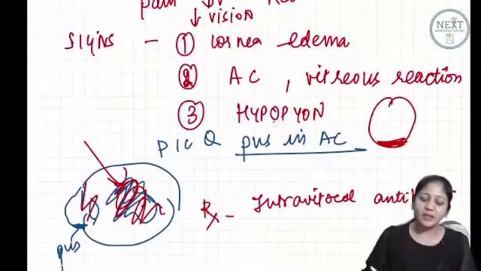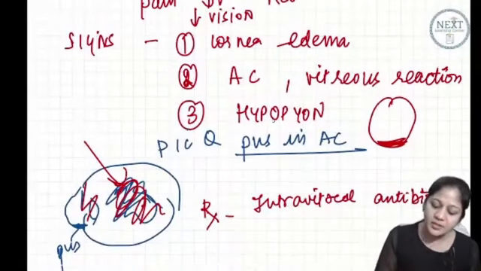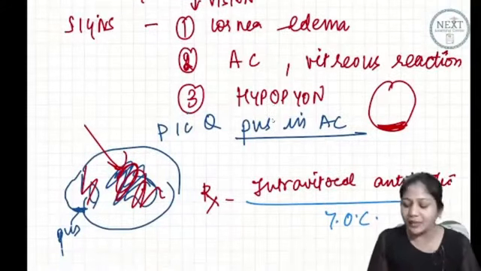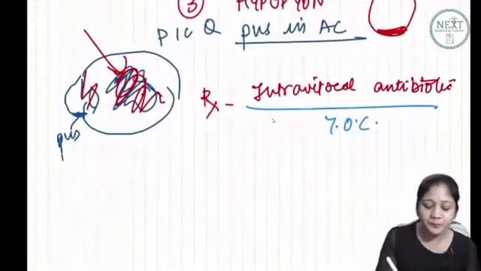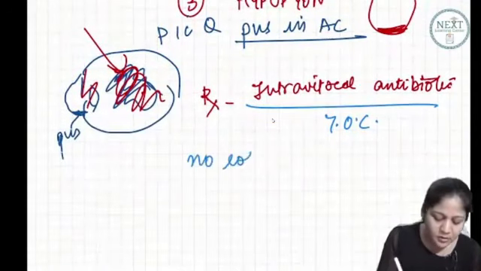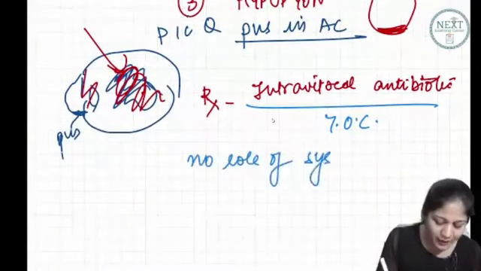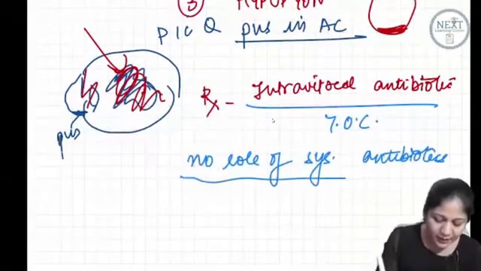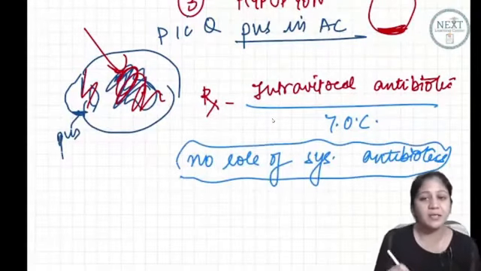Okay, so it is said that there is no role of systemic antibiotics. This is your treatment of choice. Okay, definitely we can give vancomycin, definitely, but please write down, there is no role of systemic antibiotics. It is a very important statement. Systemic antibiotics do not penetrate easily.